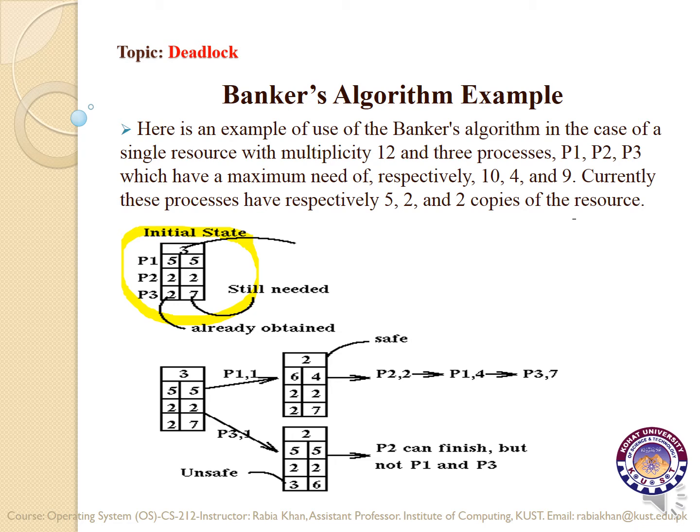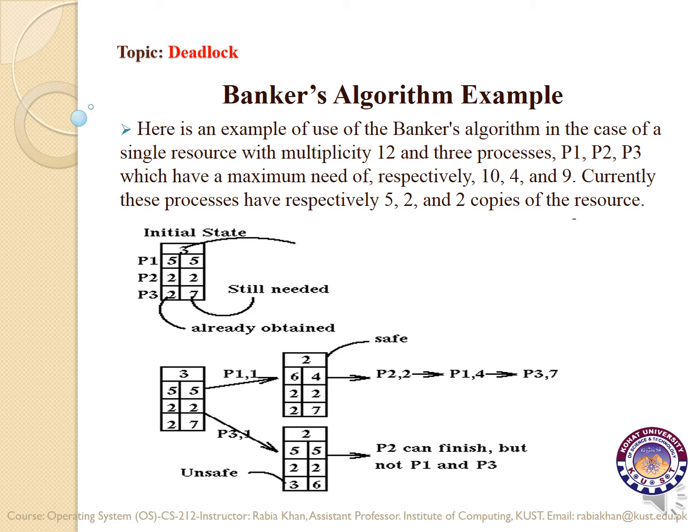The system has 3 available instances of the resources which can still be distributed among processes. So, if process P1 is further given 1 resource, its remaining request would reduce to 4.